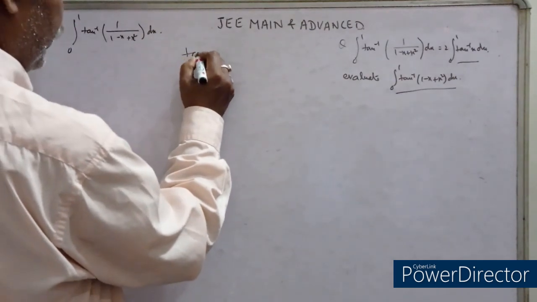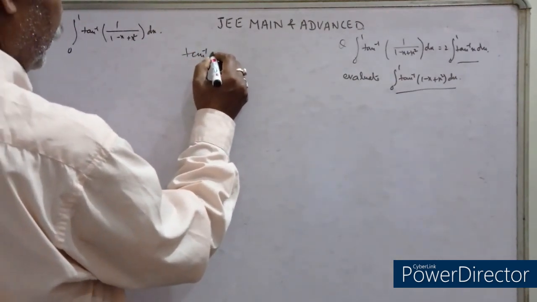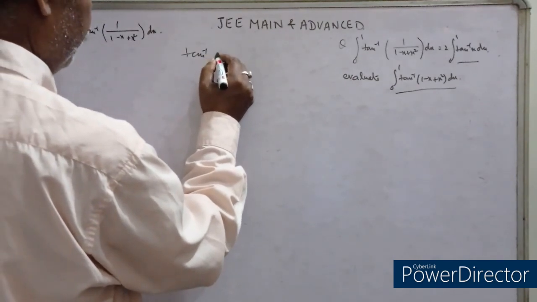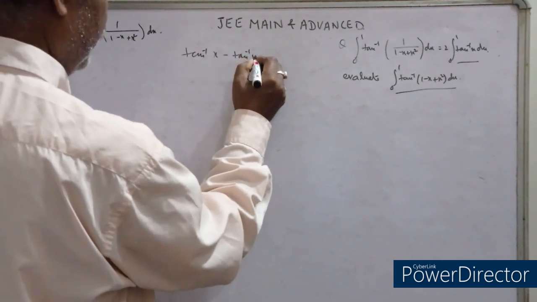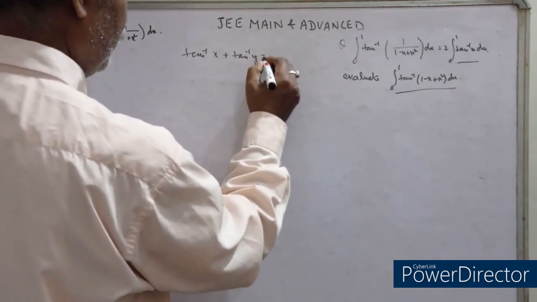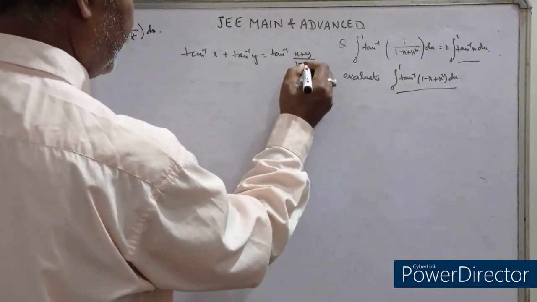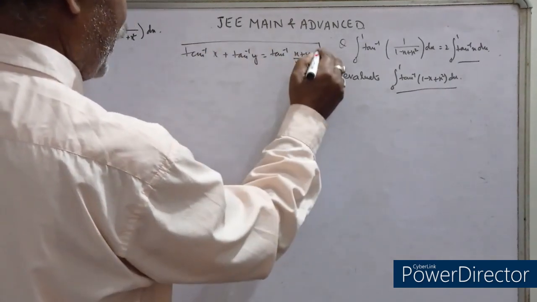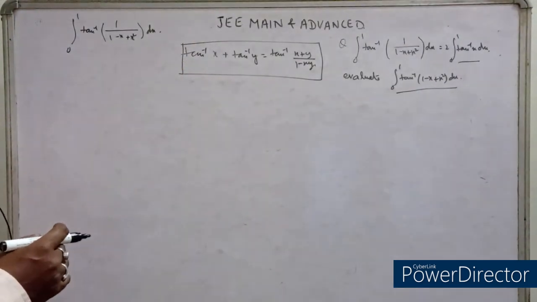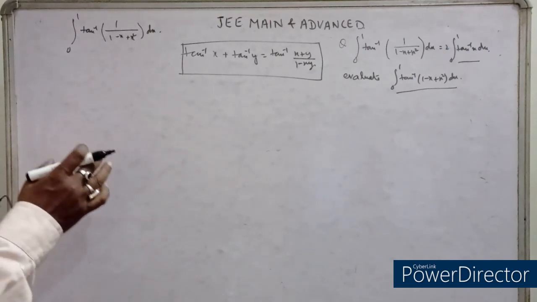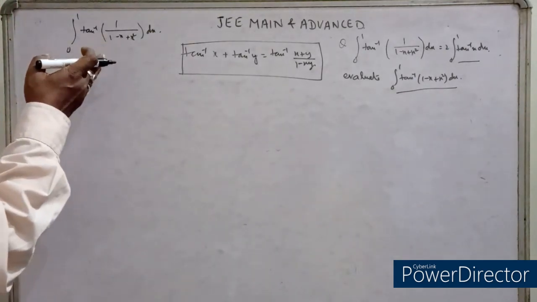So this formula: tan inverse x minus tan inverse y, so plus, that is equal to tan inverse of x plus y by 1 minus xy. Such type of presence of mind you must apply, because there is tan inverse x, there is no other way to solve this.